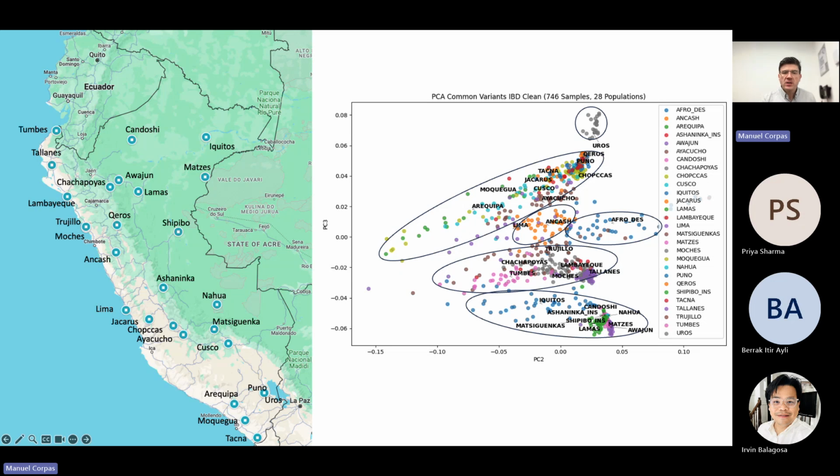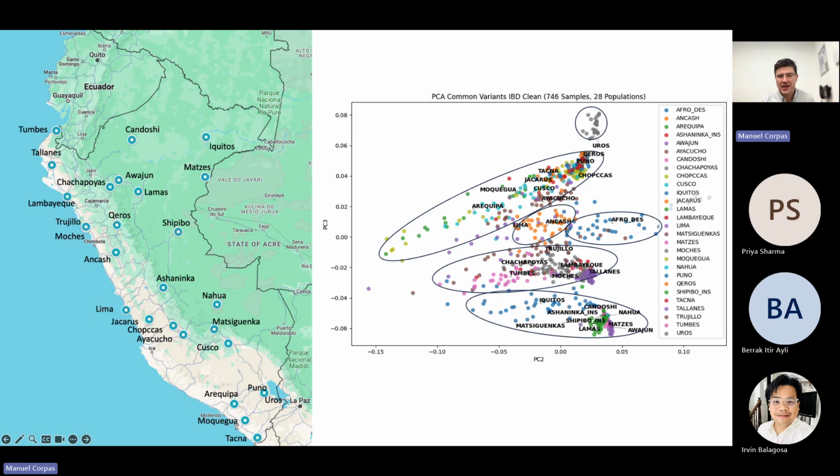And we then performed something called a principal component analysis, which is an unsupervised clustering using genetic data. And for these 28 populations, we can actually see the geographical groups. So we can see how the populations that are in the Andes tend to cluster together.